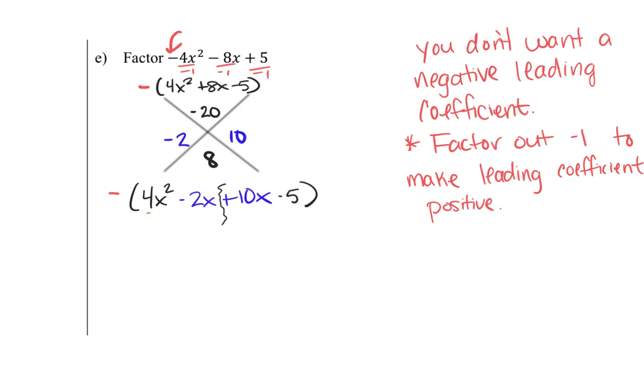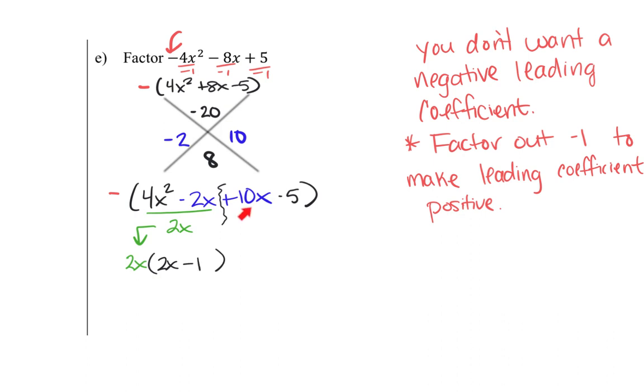In the first group, I'm going to factor out a 2x. So we have 2x, and then when we simplify what's left, we have 4x squared divided by 2x. Divide the whole number, subtract the exponents, that's going to give me 2x. And then we have negative 2x divided by 2x, that's all going to divide out to be 1. So we have minus 1.